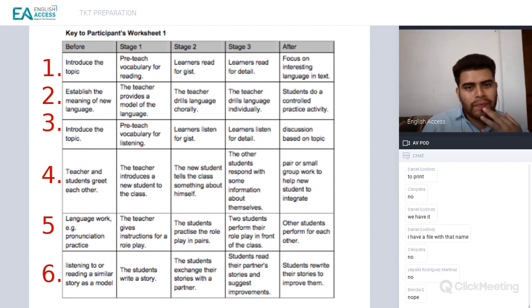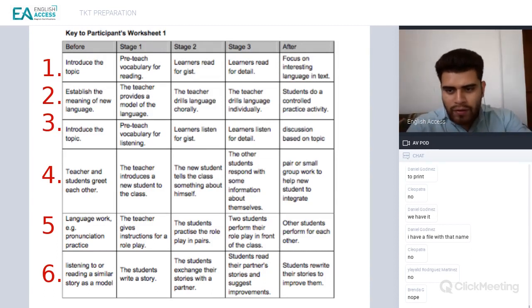Am I going to use it for reading, listening, speaking, grammar, fluency? Which one can I use number 1 for? Nobody?